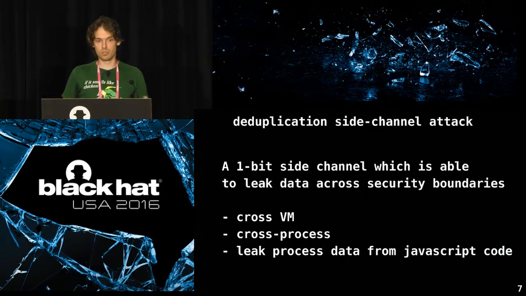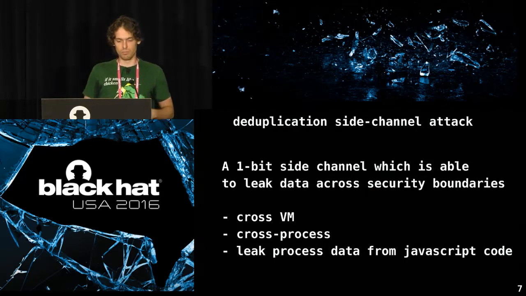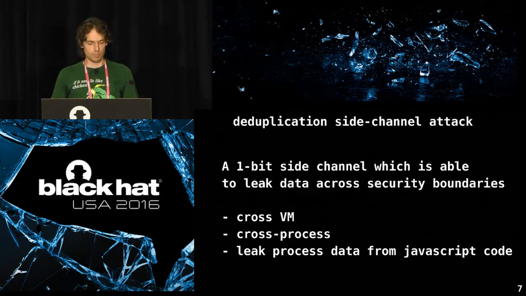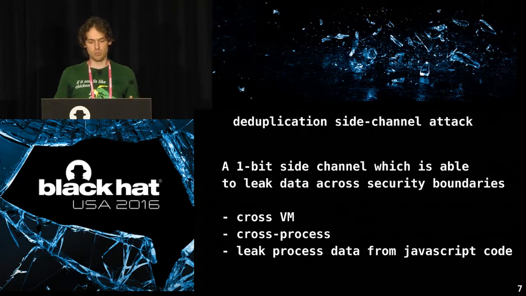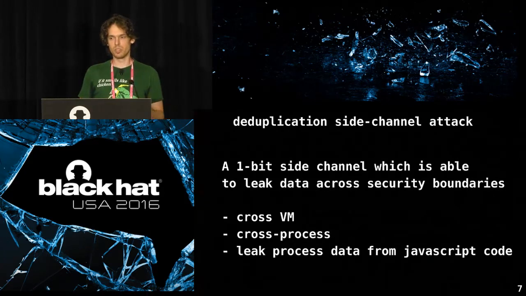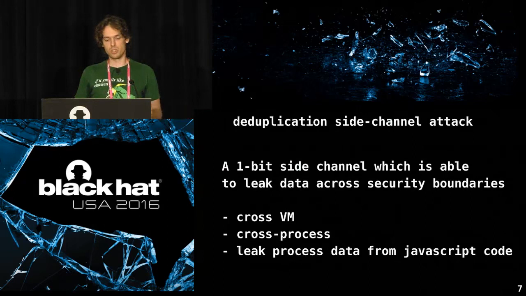So it could be in a different virtual machine in the case of a hypervisor environment, and in Windows it could be across processes. In our case, we will use this to leak information from within the JavaScript runtime, information which is not available from the runtime.